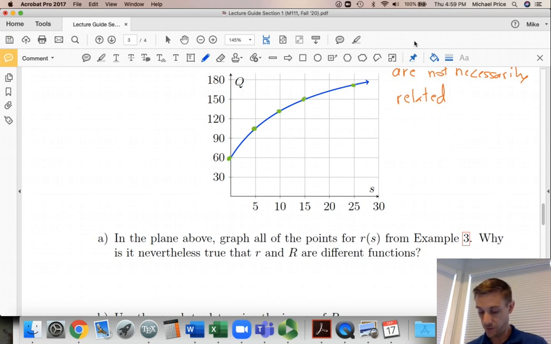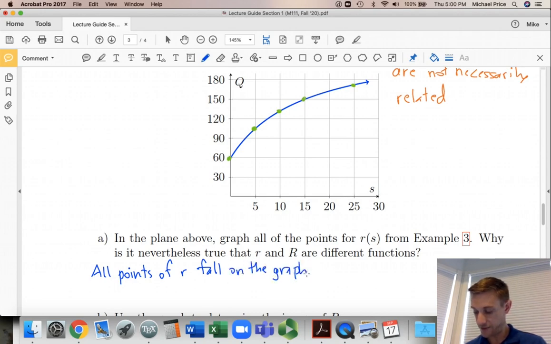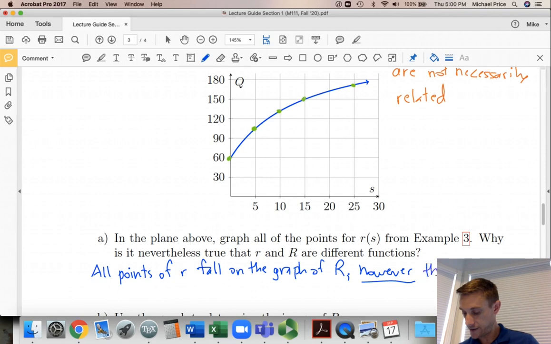So all points of little r fall on the graph of big R. There's the devil's advocate perspective for maybe they should be the same function. But remember, if you think back to our very beginning, a function is more than just the rule. It's a rule along with this pairing of domain and image. So the challenge is, however, they do not have the same domain.